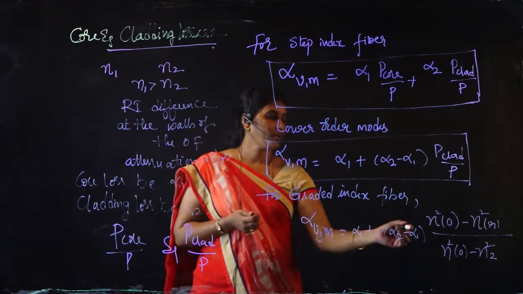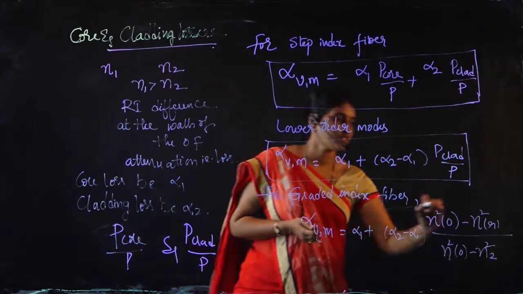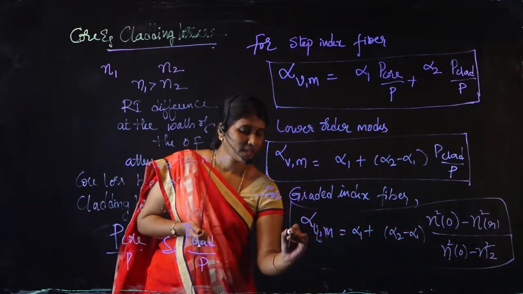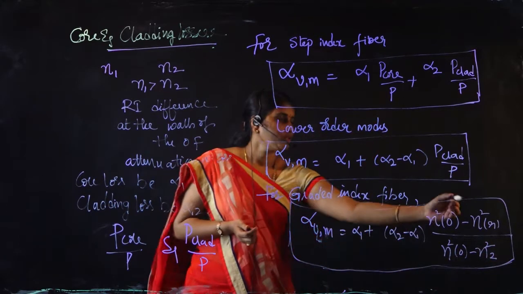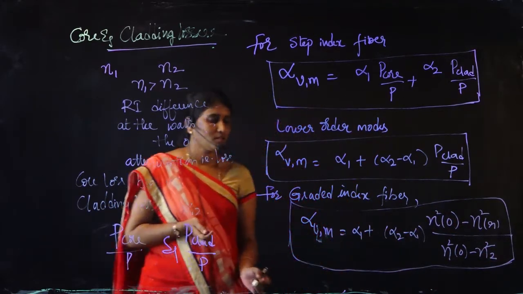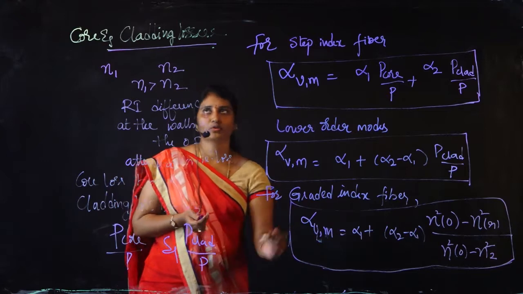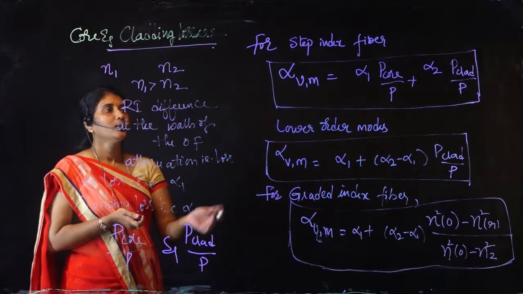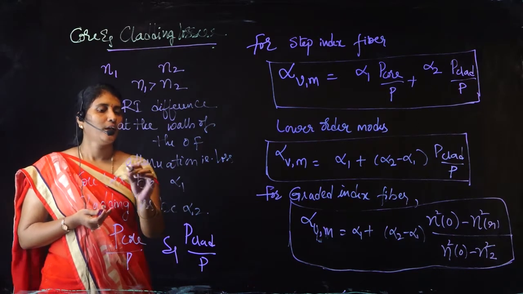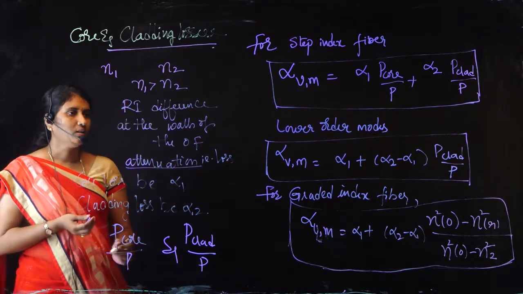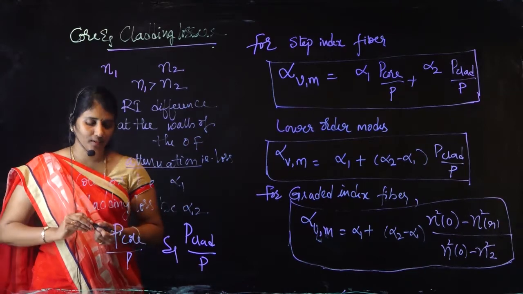As you know, the graded index fiber operates at a radial distance from the center, as the refractive index varies inside the optical fiber, so accordingly we are writing this expression for lower order modes. So these are the equations that govern the core and cladding losses that can lead to attenuation in an optical fiber. This is about the attenuation.